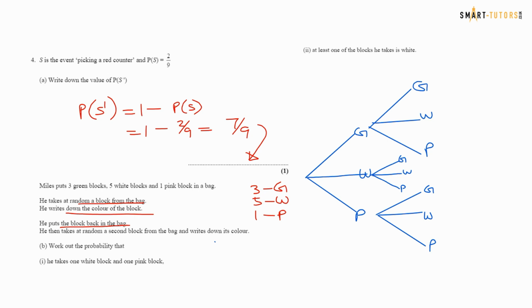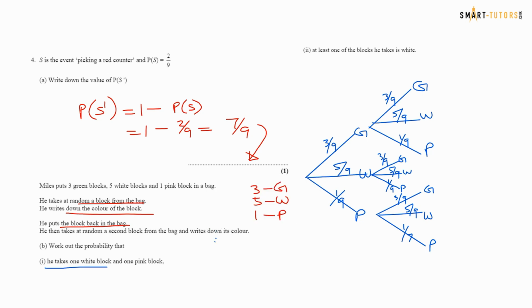So 3 plus 5 is 8 plus 1 is 9. So 3 upon 9, 5 upon 9 and 1 upon 9. It is replaced, so you don't need to worry too much. The same 3 upon 9, 5 upon 9, 1 upon 9 repeats on each branch. So to work out the probability, let me change the color.